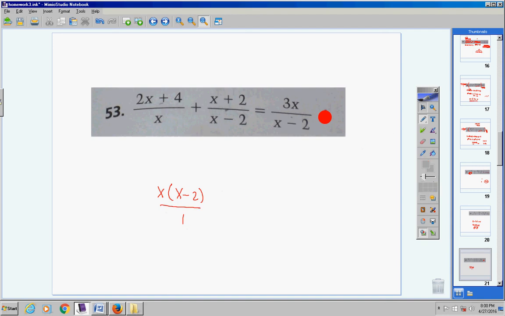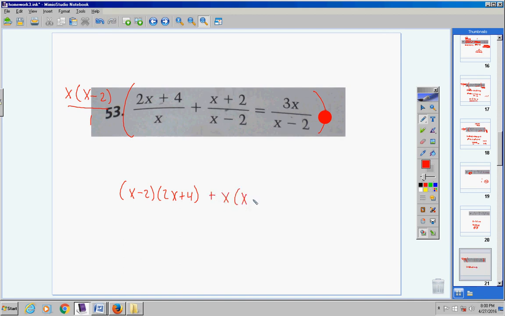Take that common denominator, multiply it by everything in this equation, and let's see what happens, okay? Here my x would cancel with my x, leaving me with x minus 2 times x plus 2. It is a positive sign here, so I'm not too worried about my signs.